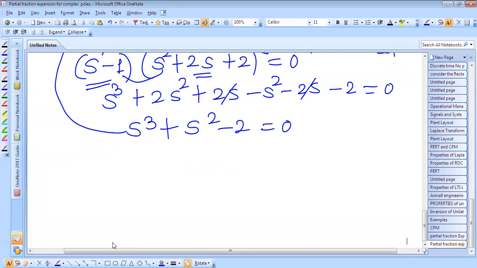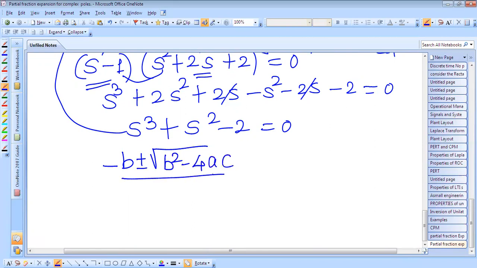So further we can find the roots of the quadratic equation by using the formula: minus b plus or minus the square root of b² minus 4ac, divided by 2a.